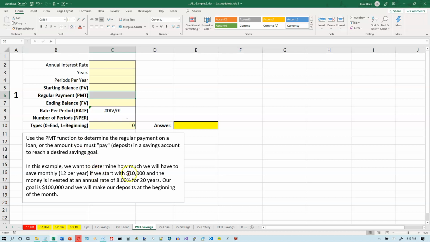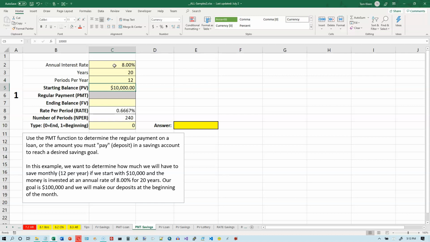And we start with 10,000, so that is our present value, so let's go up here and put in 10,000. We have an annual interest rate of 8%. We're doing it for 20 years, and we are doing monthly payments.